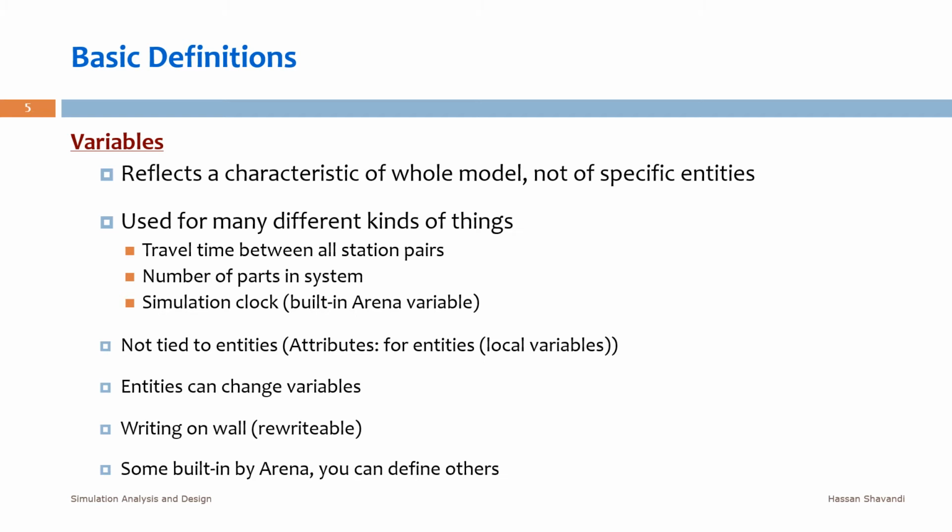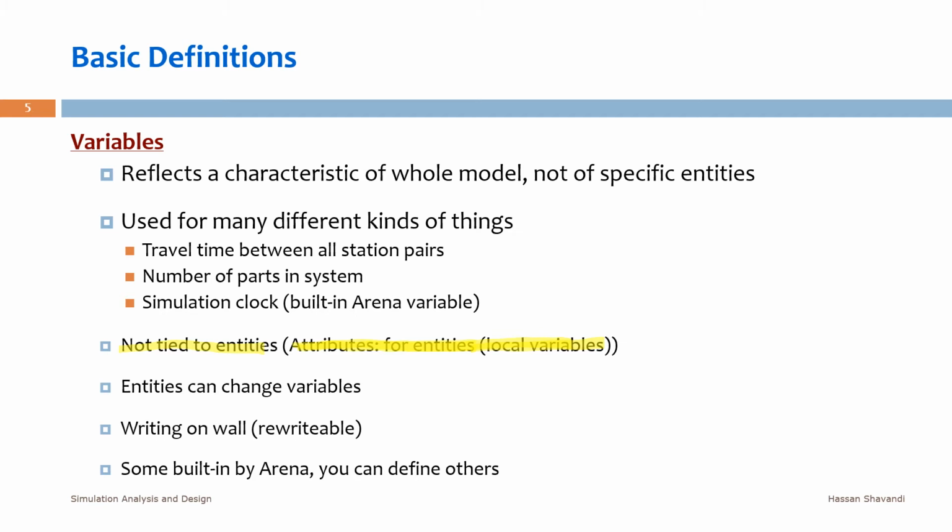So as you see here, the variables are not tied to entities. As you saw, the attributes were for just entities. They are also called local variables. We can define the attributes as local variables, but the variables in the simulation model are global. They are not local. They are not tied to just entities. They are for the whole model or the whole system.